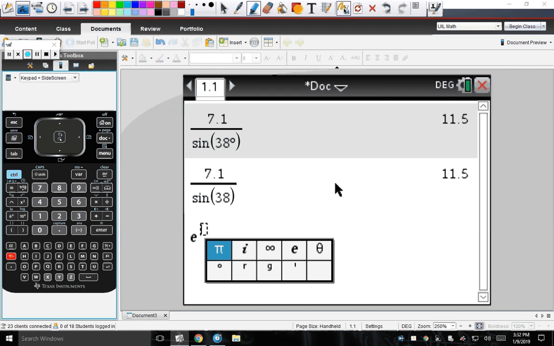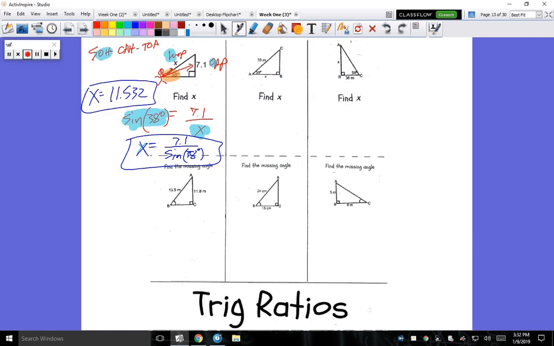Alright, so let's go to the next one. We have 50, we have 35, we have x. Step 1. Eric was asking it earlier. What should I do when I look at these problems? Step 1: look from the angle. So let's put our body and pretend we're standing right here at A. X and 35. What's x?